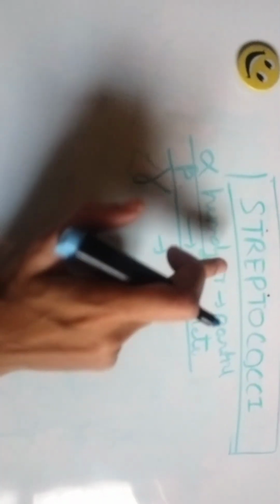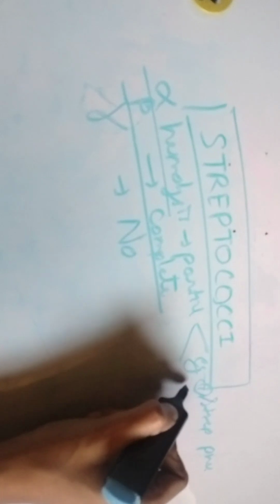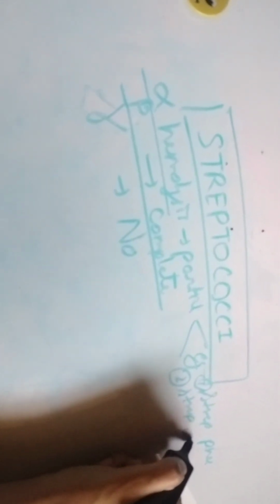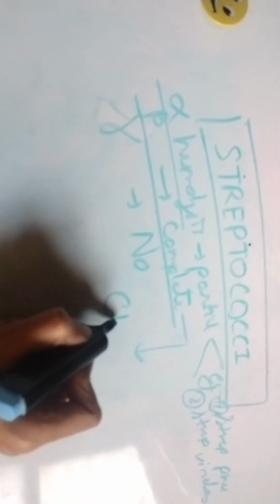Alpha hemolysis has two examples. The first one is Streptococcus pneumoniae, and the second is Streptococcus viridans. Beta hemolysis is again divided on the basis of carbohydrate C protein.